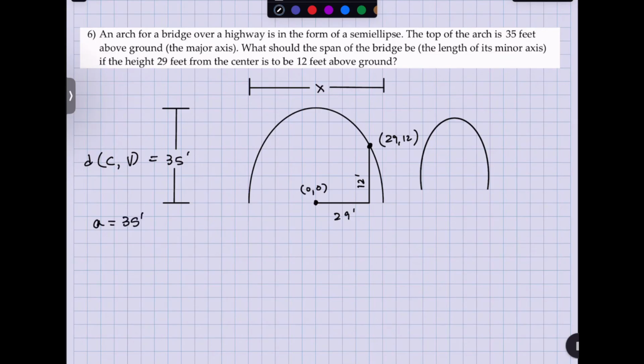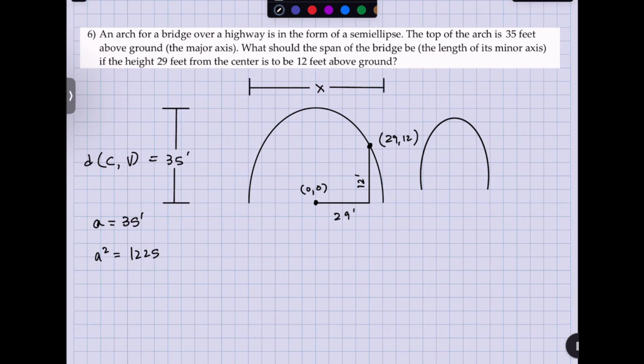So A squared would be? 1,225. And how does that help me? Okay. But how does that help me with B or C? You know what I'm saying?